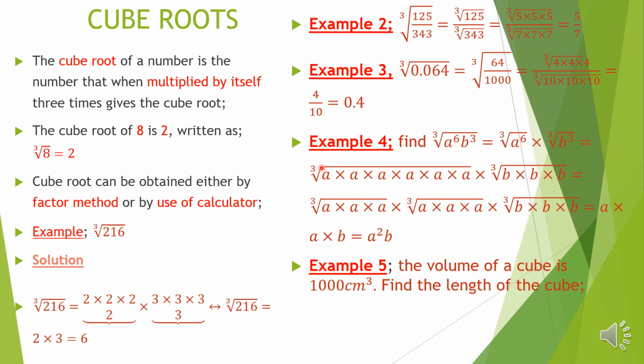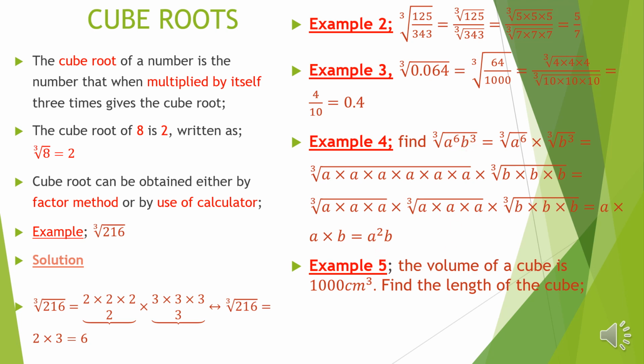For the cube root, we group into three factors, so we have a 3 times, a 3 times, and b 3 times. Under each group we take one letter: a, a, and b. Multiplying, we get a squared b, and therefore the cube root of a to the 6 b cubed is a squared b.